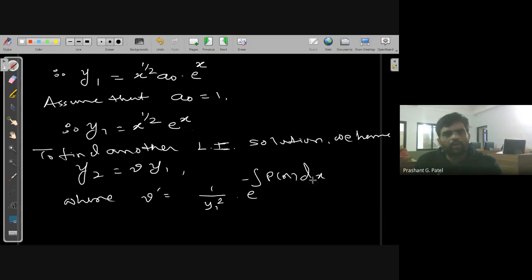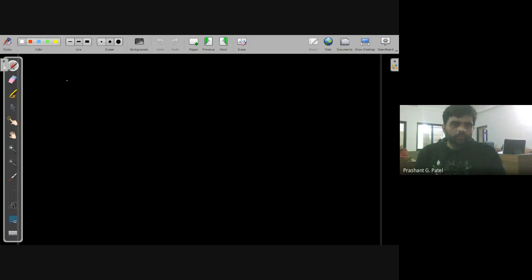This is the thing we discussed in the previous lecture. This is the formula to calculate another linearly independent solution. So hence v dash we can have 1 upon y1 square e power minus integration p of x dx.